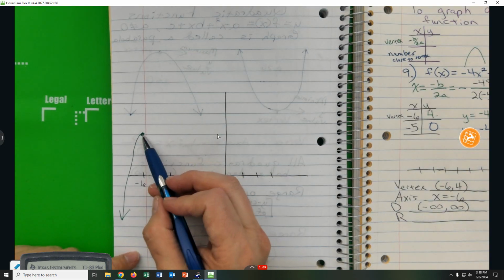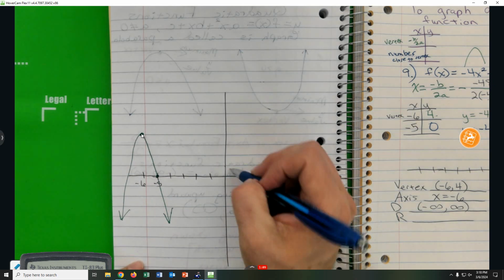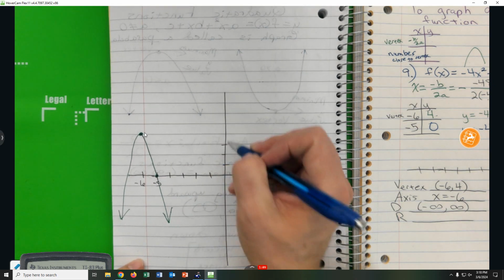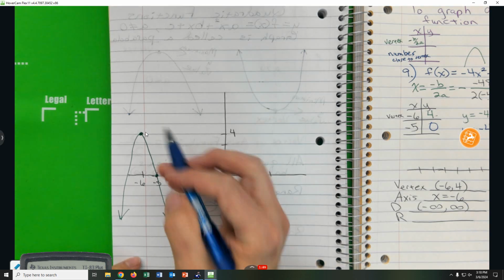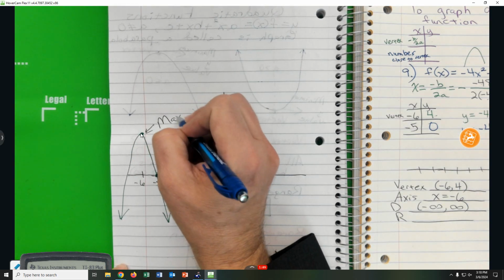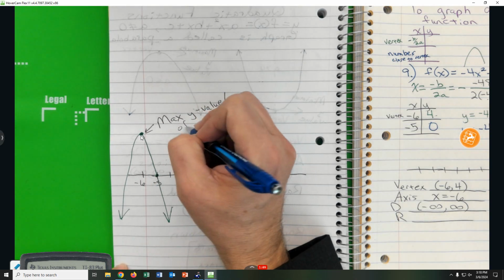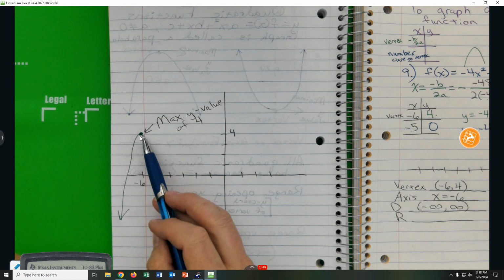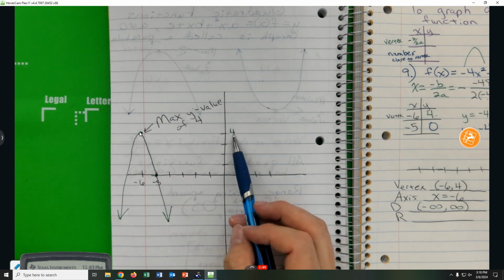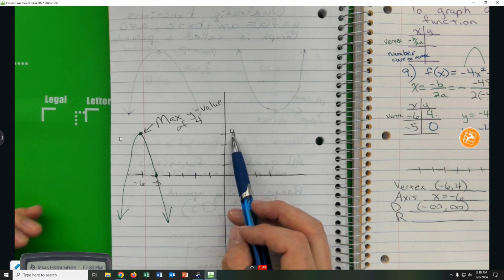Does the vertex correspond to a maximum or a minimum? A maximum, that's the maximum y value. We have the maximum y value of 4. Are there any points on that graph that have y values bigger than 4? No, that's what we mean by the maximum y value.